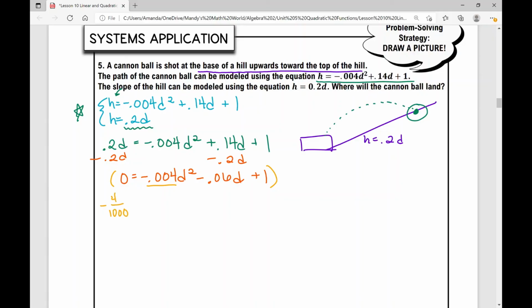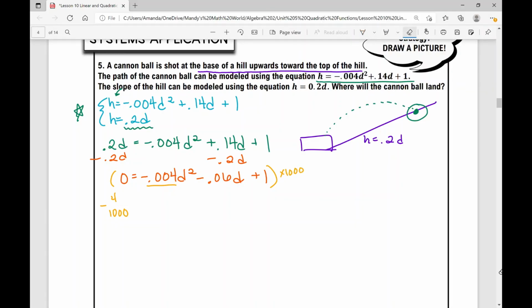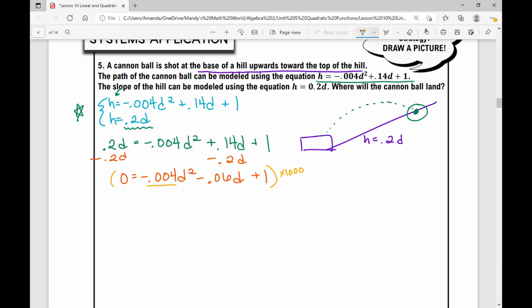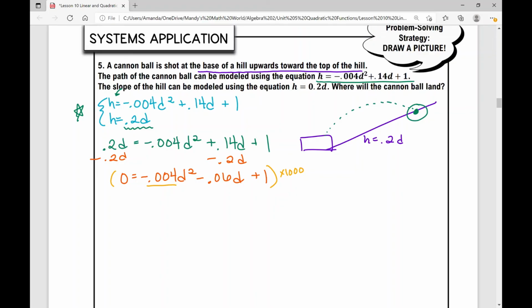I'd multiply by that denominator. So if I multiply this entire equation, every single term, by 1,000, that'll get rid of all of my decimals. So I should get 0 equals negative 4d squared minus 60d plus 1,000.